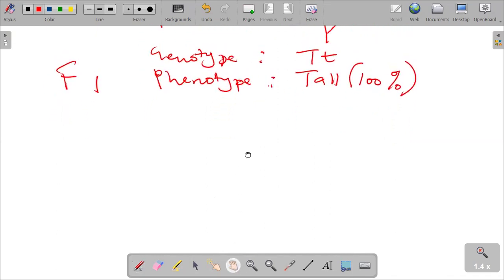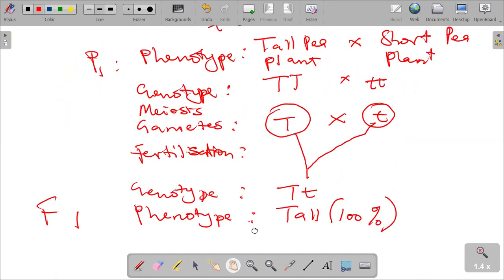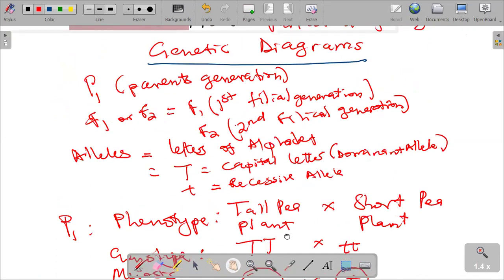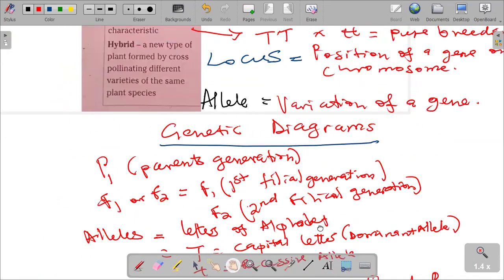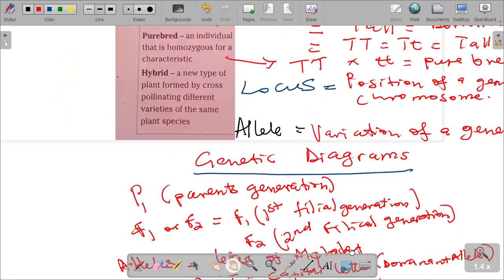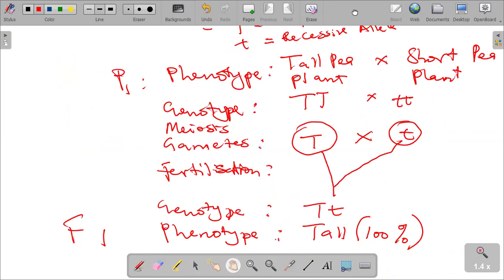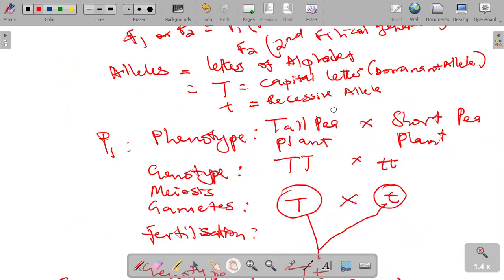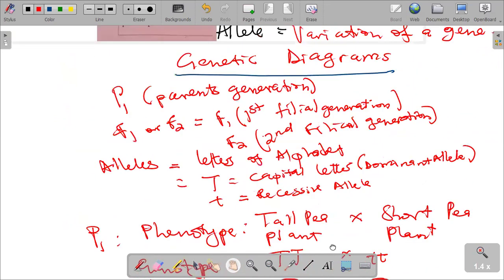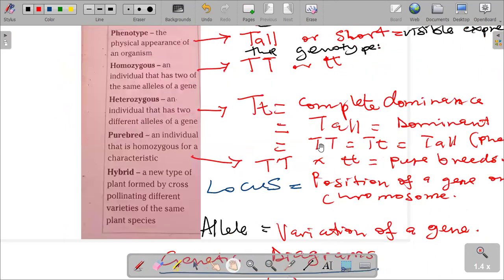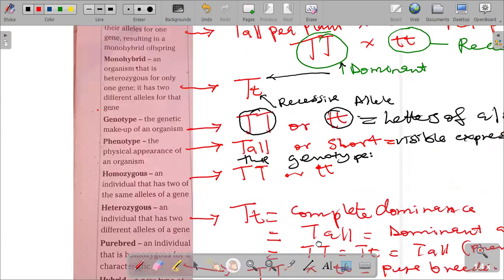So, as you can see, this is the same explanation that we have given there: complete dominance would always give a representation of the phenotype of the dominant allele. The dominant allele would give the meaning of what is being interpreted.